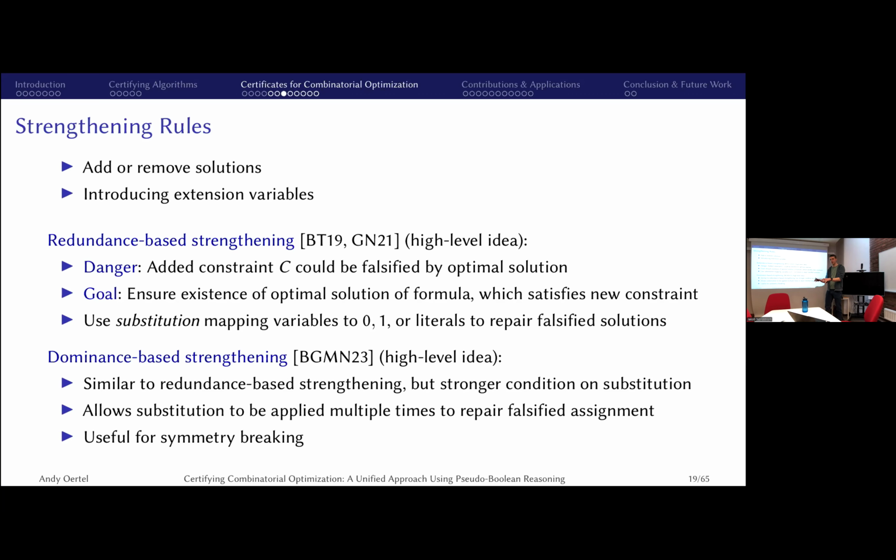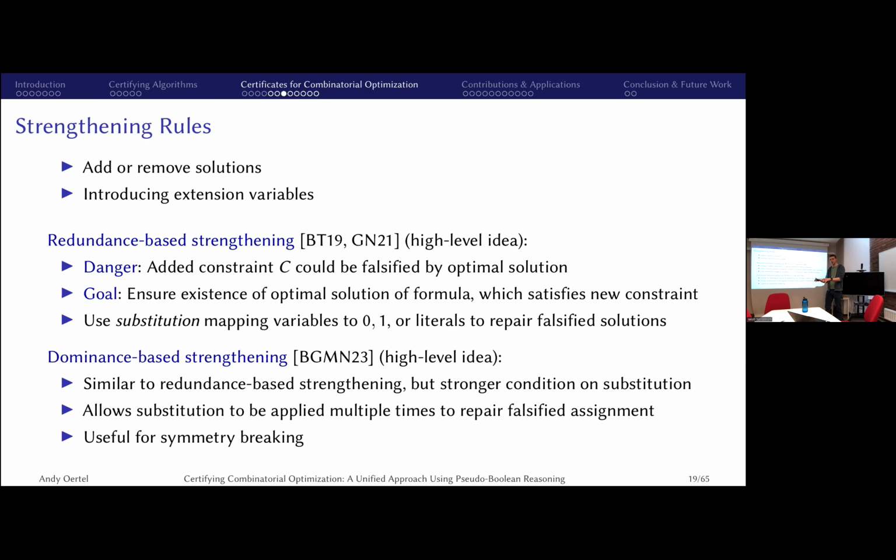And this is very useful for symmetry breaking. To see how the redundance-based strengthening rule works, here's a small example with some high-level intuition on why this works. Let us consider this problem, and we want to derive not x3 greater equal 1. We can do this using the substitution that maps x3 to 0.